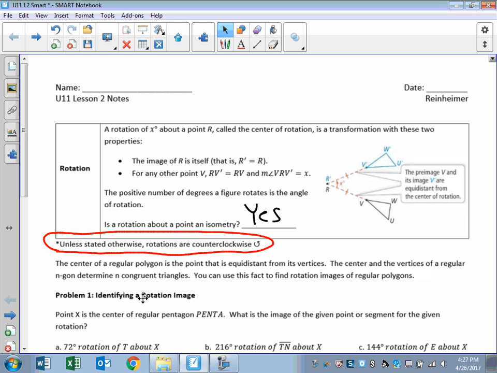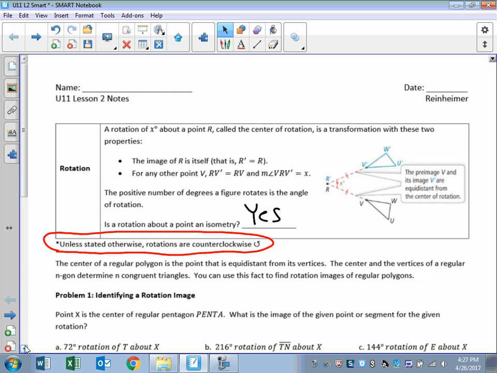The center of a regular polygon is the point that is equidistant from its vertices. The center and the vertices of a regular n-gon determine n congruent triangles. You can use this fact to find rotation images of regular polygons.